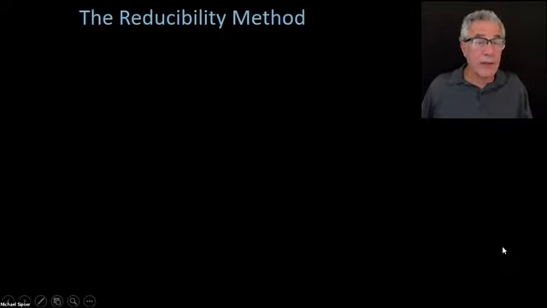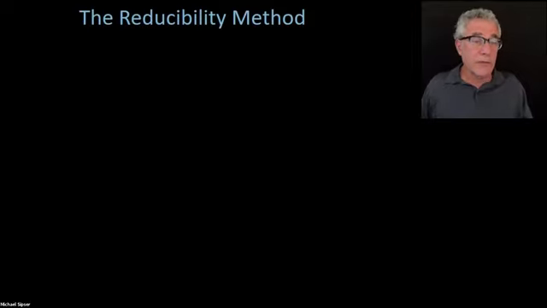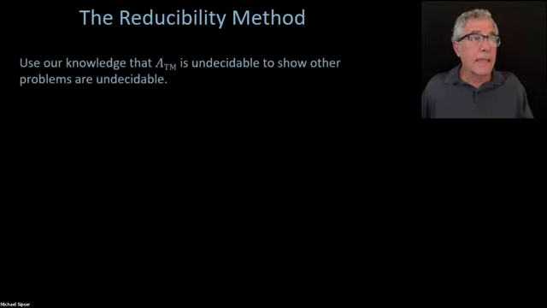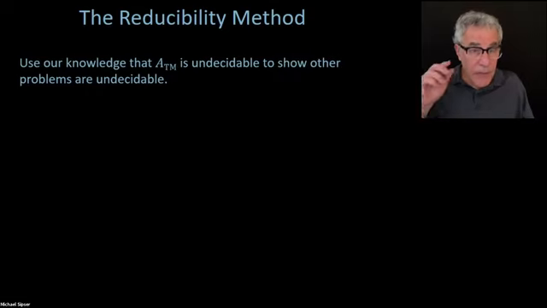So let's talk about the very last topic of the day, which is really setting ourselves up for Tuesday's lecture next week. That's how we are going to be showing other languages are undecidable, which is something I'm going to expect you to be able to do.